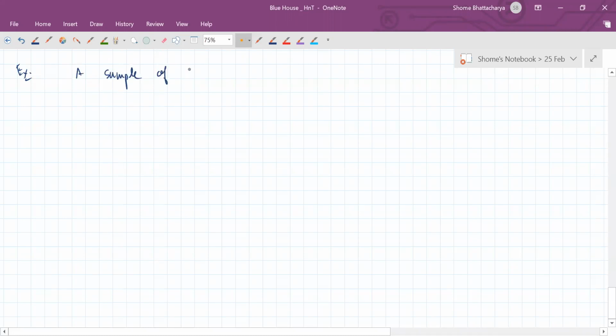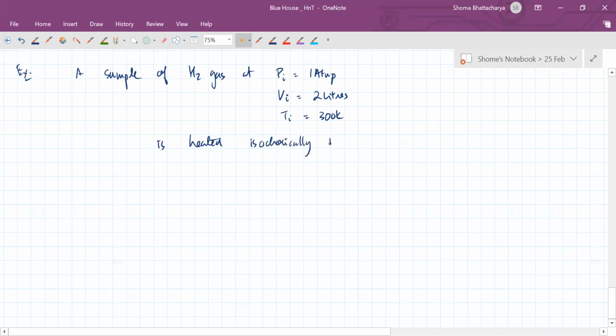A sample of hydrogen gas at initial pressure 1 atmosphere, volume 2 liters, and temperature 300 Kelvin is heated isochorically to a final state at final temperature of 400 Kelvin.